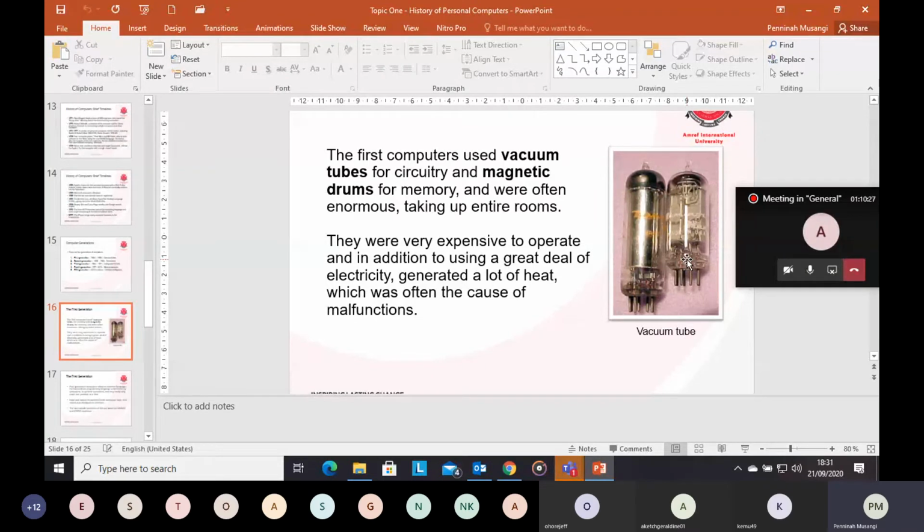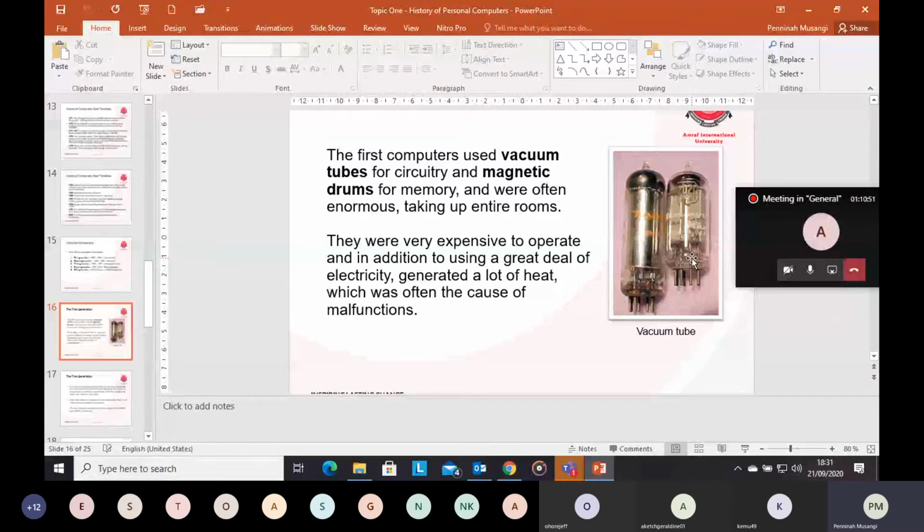In addition, they were very expensive to operate, and they were using a great deal of electricity. The electricity to power 18,000 vacuum tubes, these small tubes, 18,000 of them in one computer, meant they were using a lot of electricity.